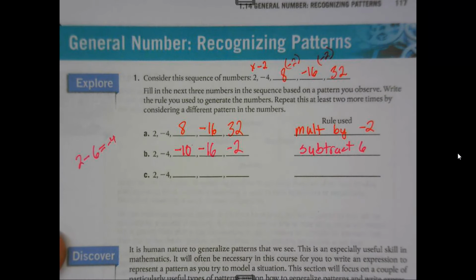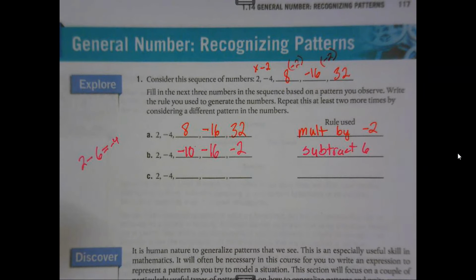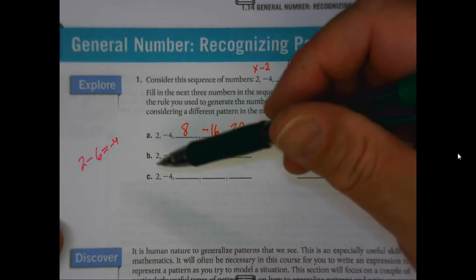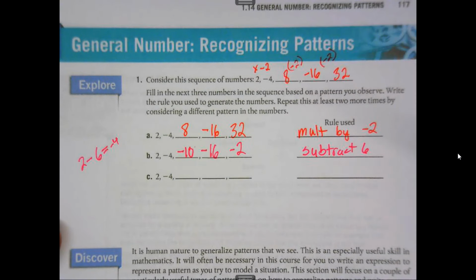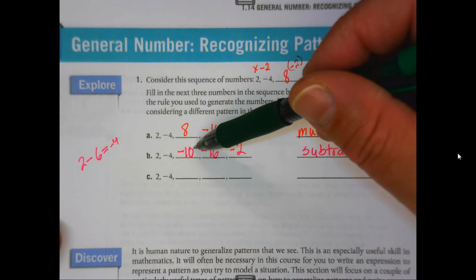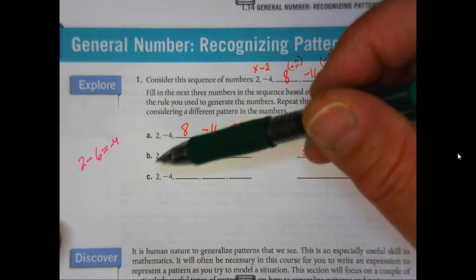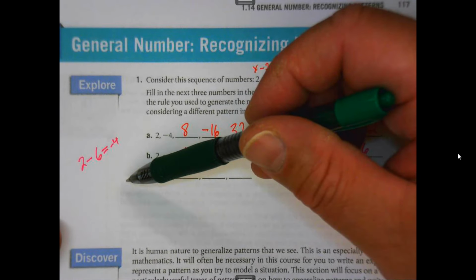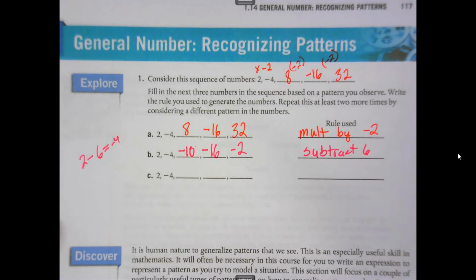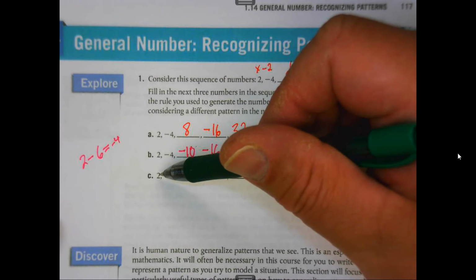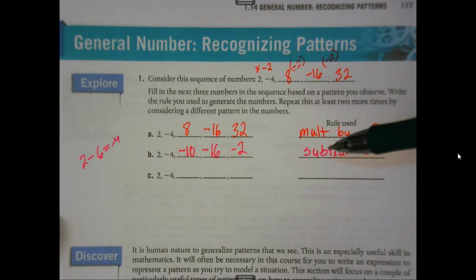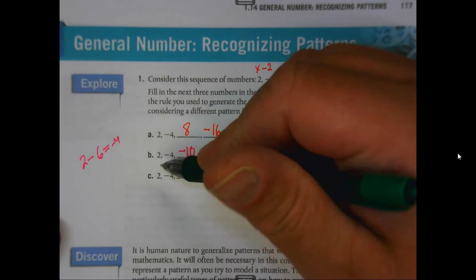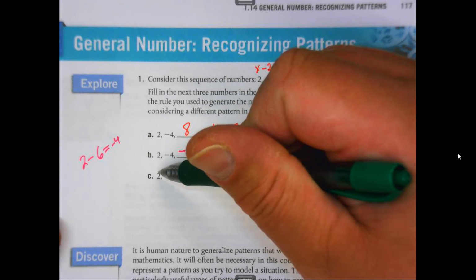Let's come up with another rule. How else can I get from 2 to -4? Well, I multiplied, so I have a couple of things I can do. I can add or I can divide. Now, divide would be a little bit difficult because I'd have to do some figuring, probably divide by an improper fraction. I could kind of cheat here. I subtracted 6.